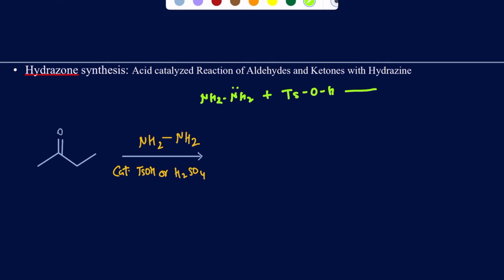Let's say I'm using sulfonic acid here, TsOH. This is just an abbreviation, not the structure. So this grabs this proton and this comes down here. Now you have NH2, NH3 plus, and then TsO minus.